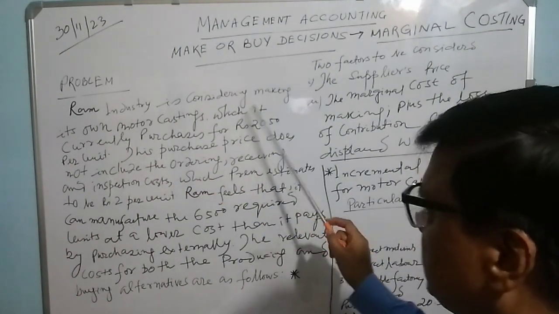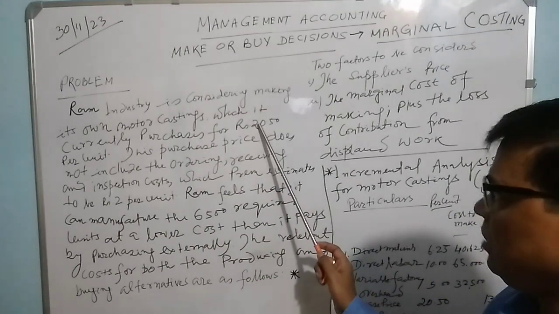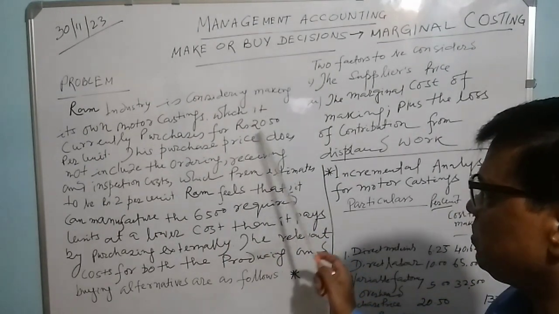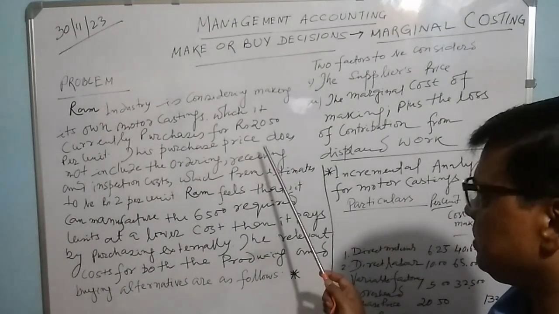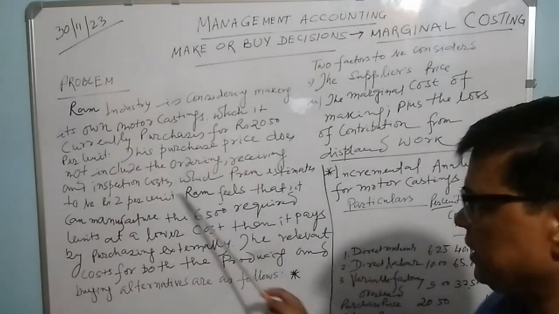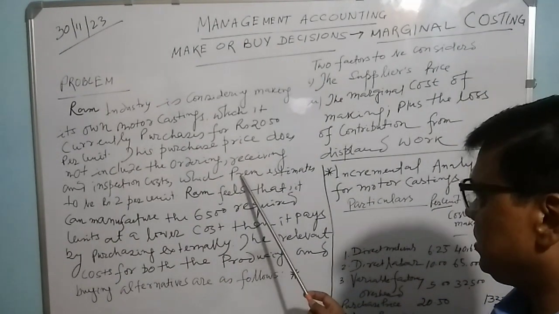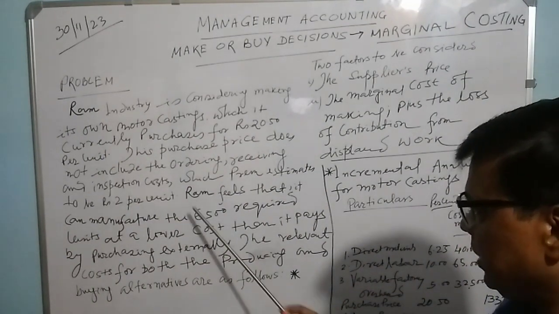Messrs. Ram Industry is considering making its own motor casting, which it currently purchases for rupees 20.50 per unit. This purchase price does not include the ordering, receiving and inspection cost, which Ram estimates to be rupees 2 per unit.